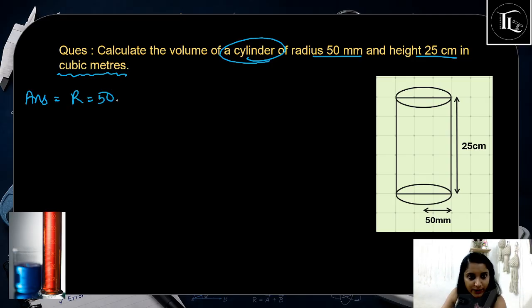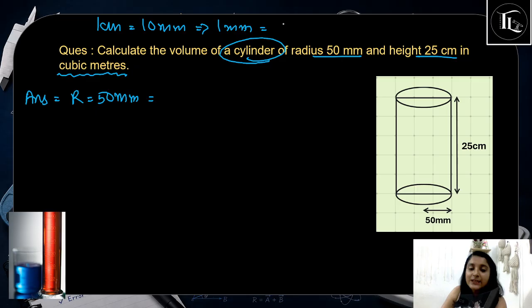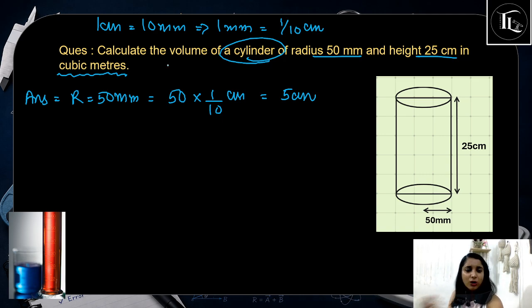Radius is given to be 50 millimeter. In 1 centimeter we have 10 millimeters, that means 1 millimeter is equal to 1 by 10 centimeter. So it would be 50 into 1 by 10 centimeter, which is 5 centimeter.